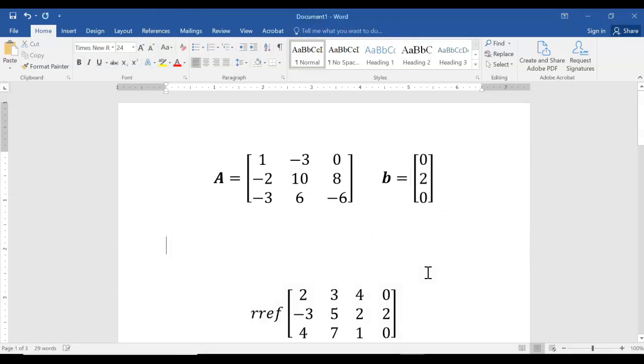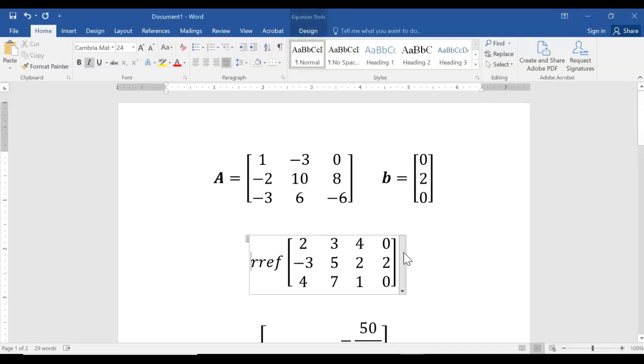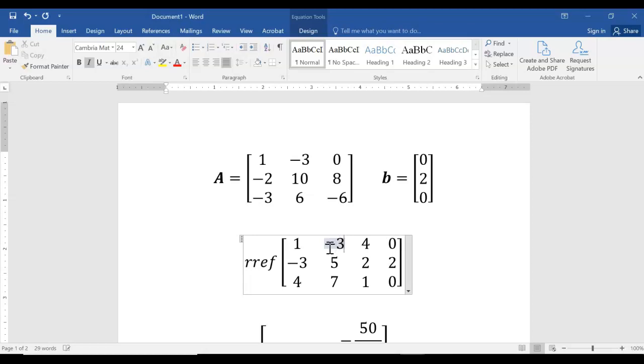All right, so in this case, we want to figure out if B is a linear combination of the columns of A. I'm going to start by just taking that augmented matrix. The augmented matrix that I'm going to need is 1, -3, 0, 0. Then I'm going to need -2, 10, 8, 2.